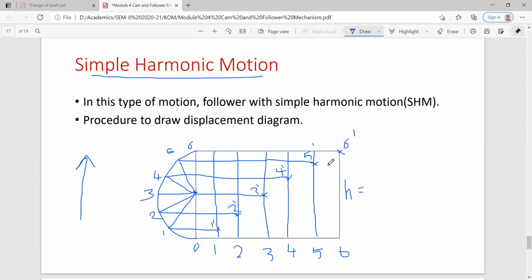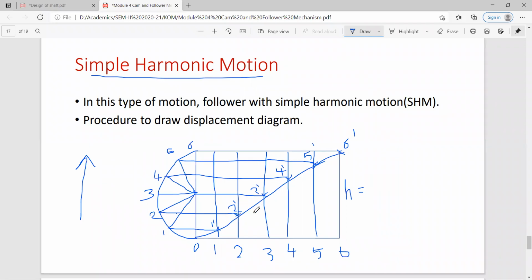After locating all these points, you will find that these points are not in a line, so you have to join them by a curve. You have to draw a smooth curve which passes through all these points like this.